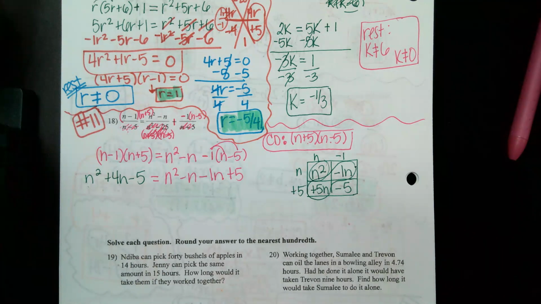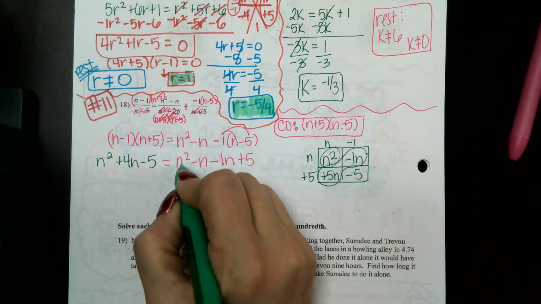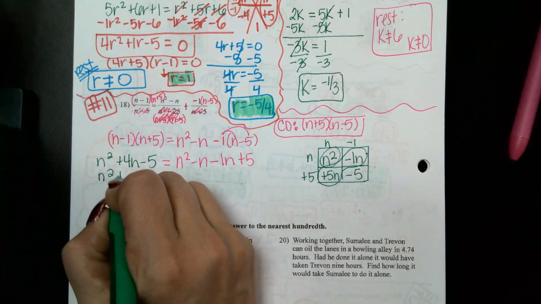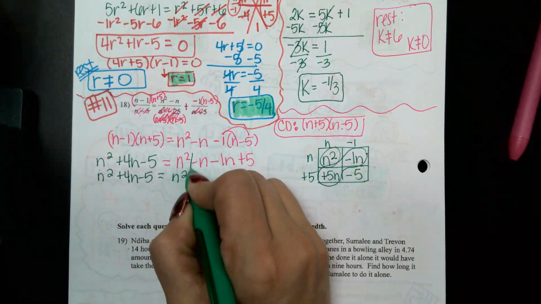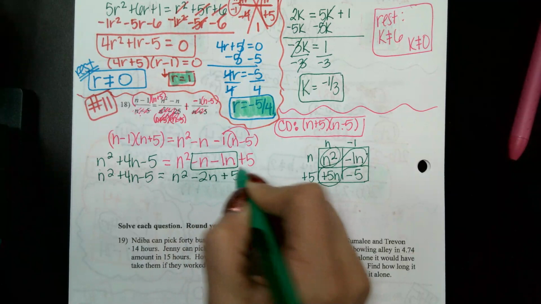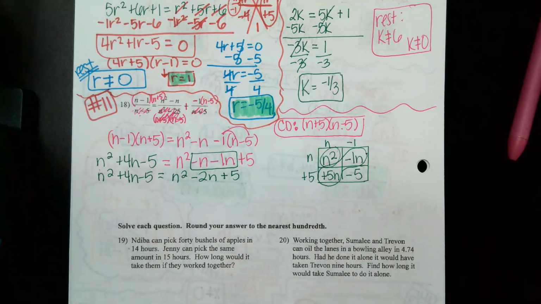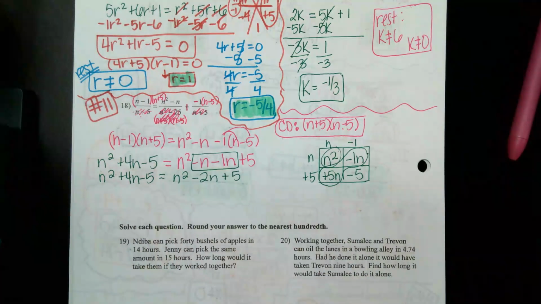This really isn't too bad, because watch what happens. N squared plus 4n minus 5 equals n squared. I'm going to put these two together. That'd be minus 2n. So since I have a squared on the left, don't I need to bring everything over with that? Okay, but watch.